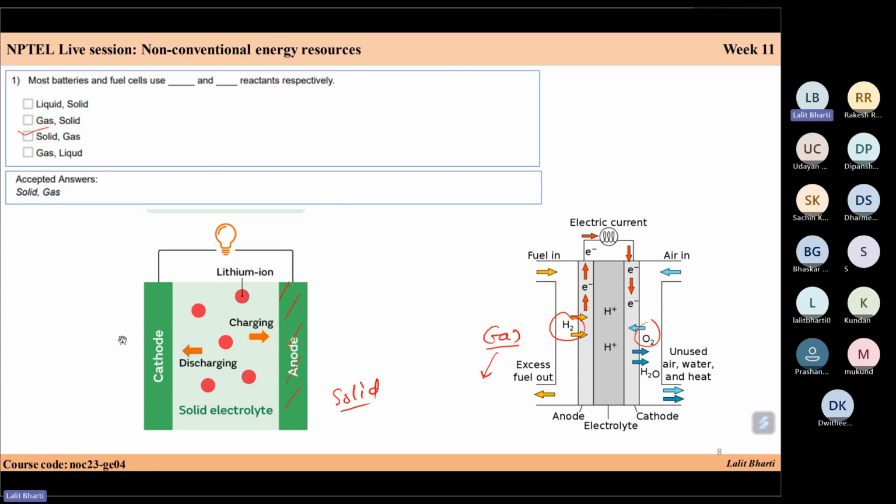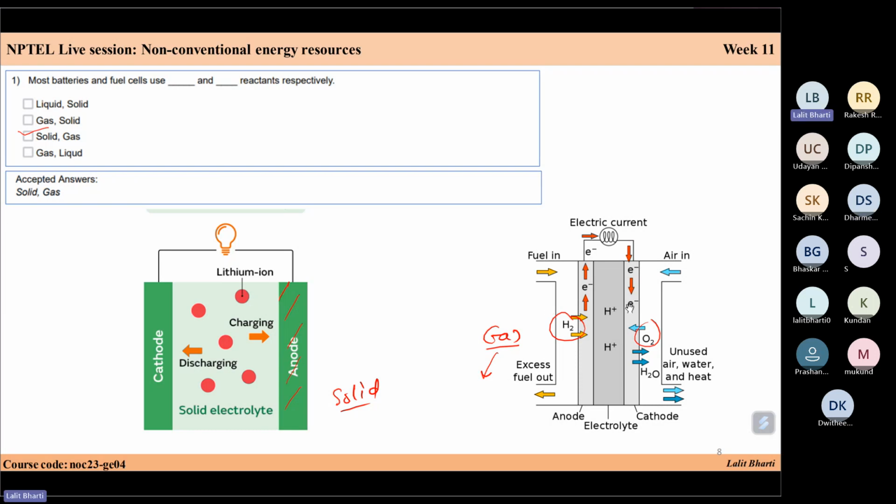In batteries, we have cathode and anode. These are our reactants. In fuel cells, your reactants are the fuel, which is H2 and O2. In a battery, these electrodes are providing the sites just to complete the reaction in presence of your electrolyte, which is basically an ion conductor.